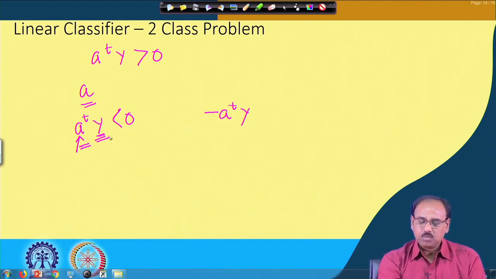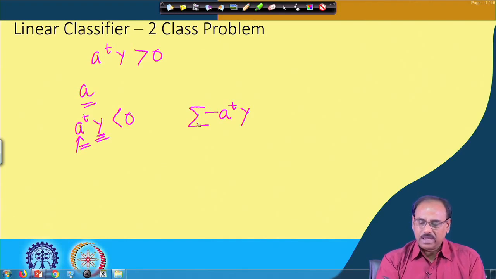Whenever A transpose y is less than 0, minus A transpose y will be a positive term. So, I check all the training vectors which are misclassified by this A, collect all of them, compute minus A transpose y for all those feature vectors, and take the sum of all of them.